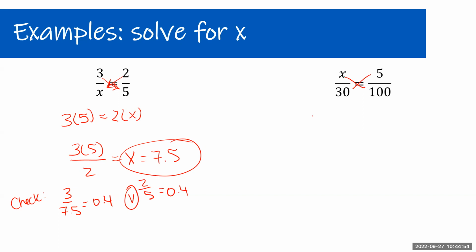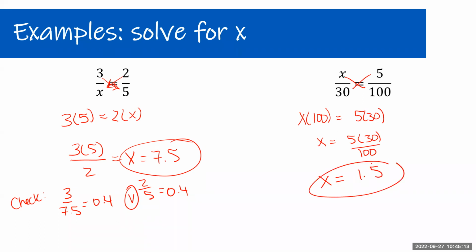We're going to cross multiply here. So x times 100 is going to be the same as 5 times 30. So x is going to be 5 times 30 divided by 100, which if we use our calculator gives us x equals 1.5. And again, you could check this. You can always check these. It's very helpful.